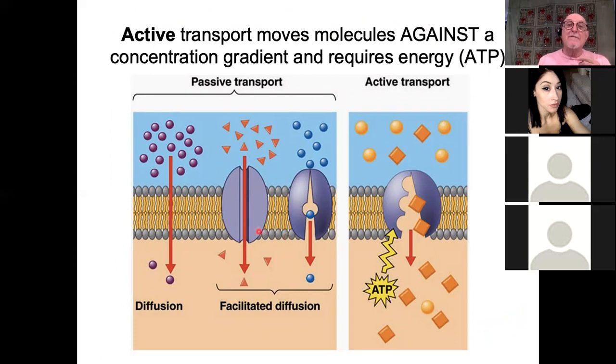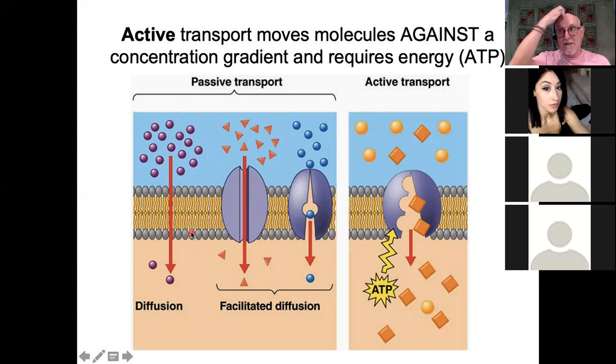So we refer to them as facilitative diffusive processes. These proteins that we talked about, whether they're just channels like this, relatively non-specific, or whether they actually pump the molecule across, this is facilitated diffusion because it takes place more efficiently than natural diffusion.